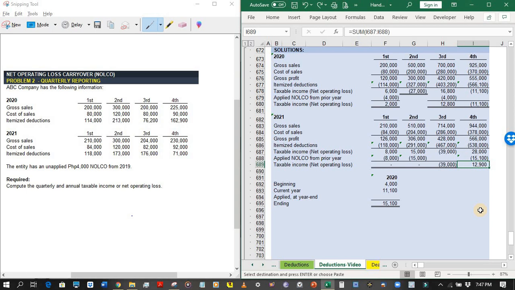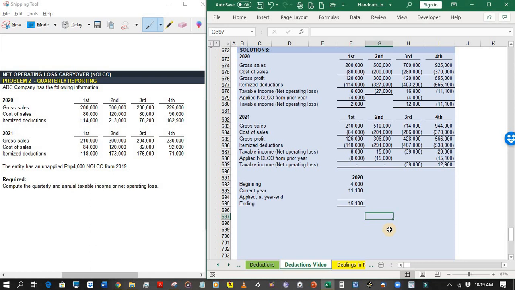And this is the final result for the year 2021. Just like in 2020, the final result in 2020 is a net operating loss of 11,100. So it means that any taxable income reported in the first quarter and the third quarter in 2020 are just temporary. So these are not final figures because the final result of operation for tax purposes is determined during the fourth quarter period, which covers the 12-month period of the taxable year.